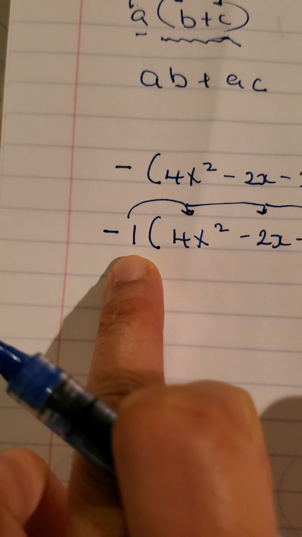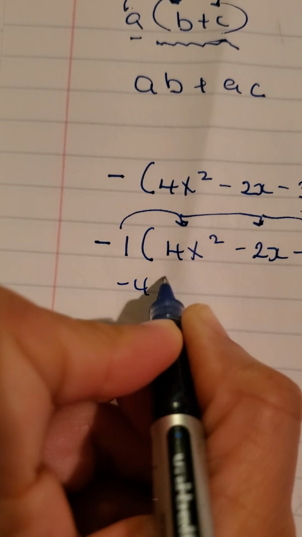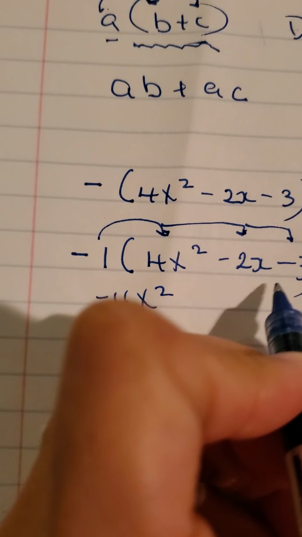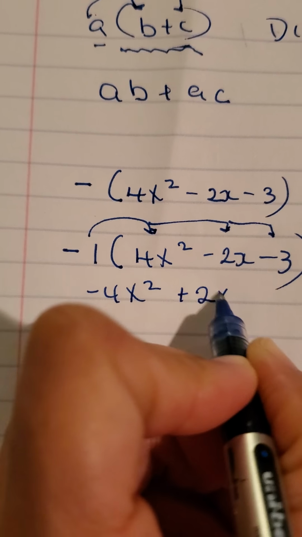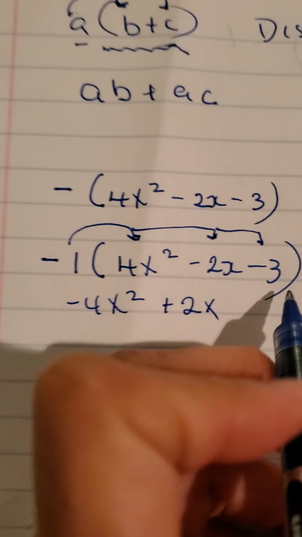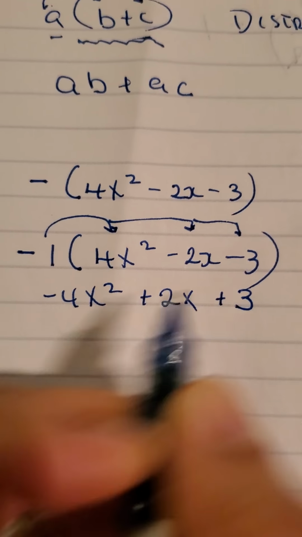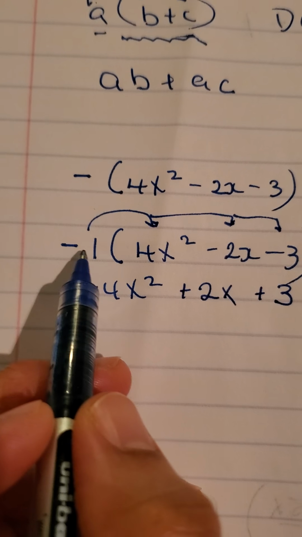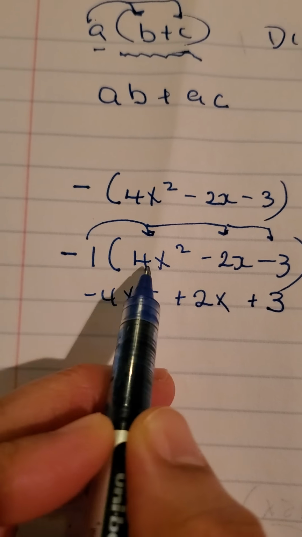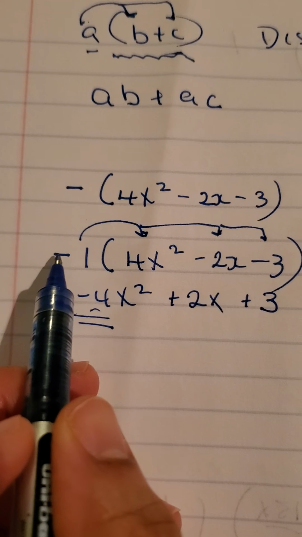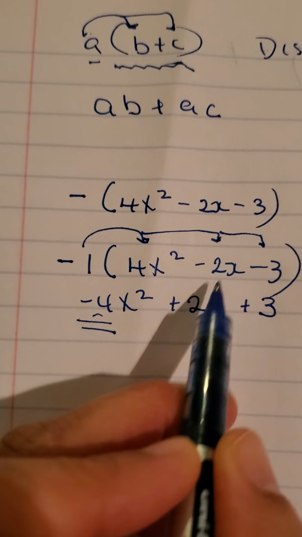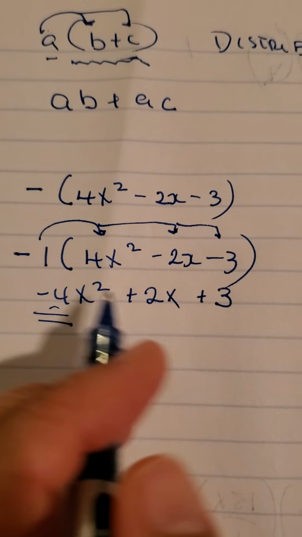So when we have a negative times a positive, we'll get a negative. We have a negative times a negative, we'll get a positive. And we have a negative times a negative, we'll get another positive, right? So whenever the signs of factors are unlike, it yields a negative. And when the signs of factors are alike, it yields a positive.